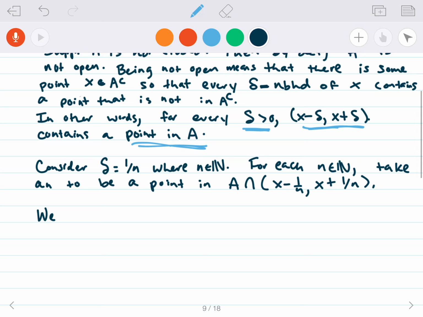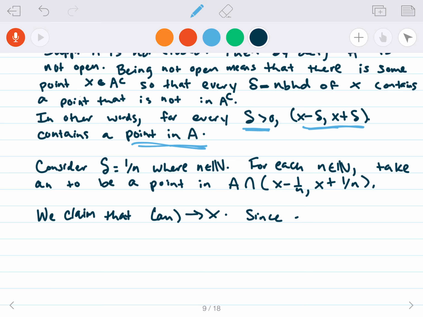Okay, so we claim that the sequence, right, because we let n equal 1, we get something for n equals 1, we let n equals 2, we get something there, and so forth and so forth. So we claim that the sequence converges to x.